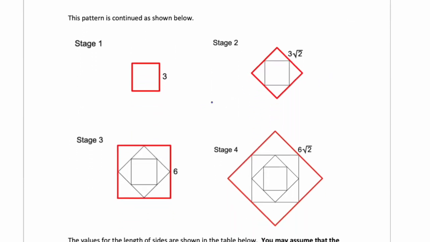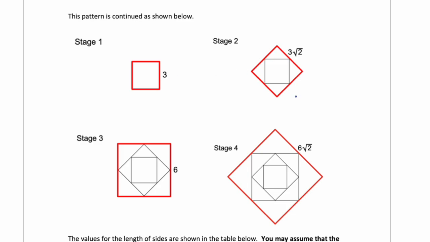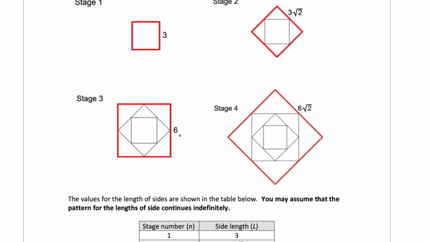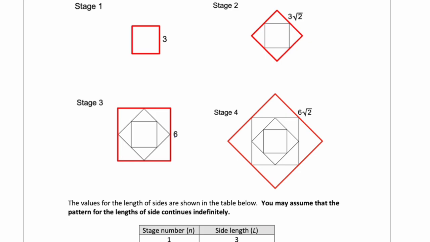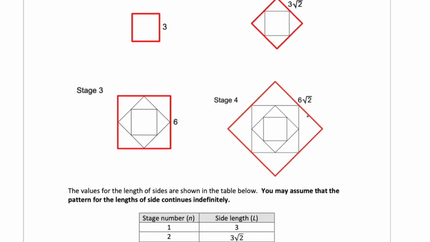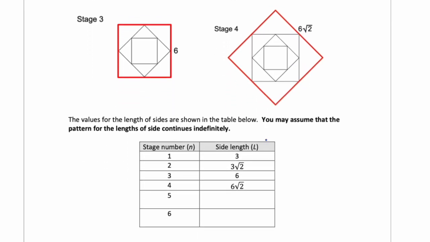So let's take a look at how the pattern continues. When we make a new square, we get a 3 root 2. And then we make this new iteration. We get a square of side length 6, and then we get a 6 root 2, and you can show all these steps with the Pythagorean theorem.